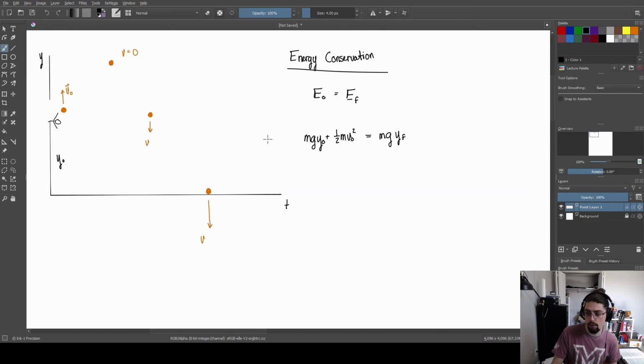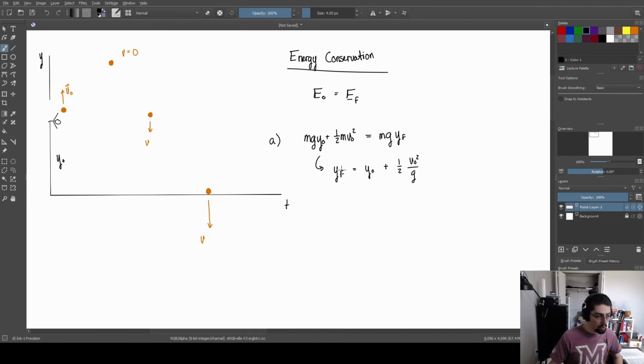What I can find, for part A at least, is that my y final, my tallest point, would be equal to y naught plus 1/2 v naught squared divided by g. I divided all pieces by mg, and this is what I'm left with. That's my expression for the final height at the very top.